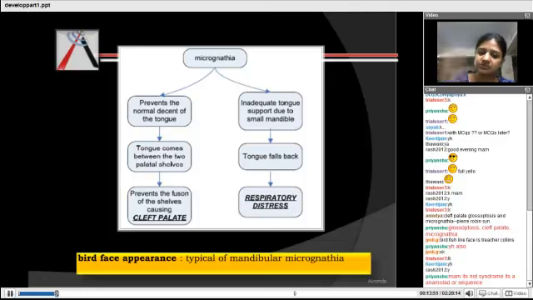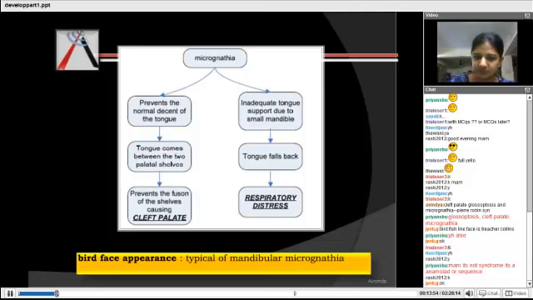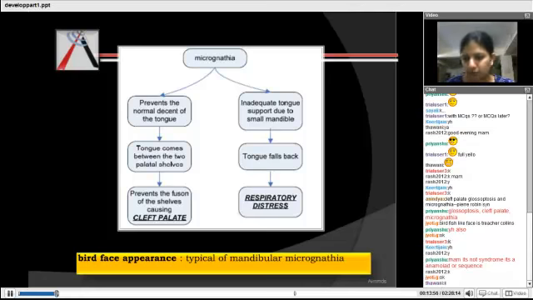Also, the tongue is not occupying the correct position, so there's inadequate support, and the tongue starts falling down, it falls back. This blocks the airway. Airway patency is not maintained, which results in respiratory distress. So that's the entire cycle of how the cleft palate and the glossoptosis happen.